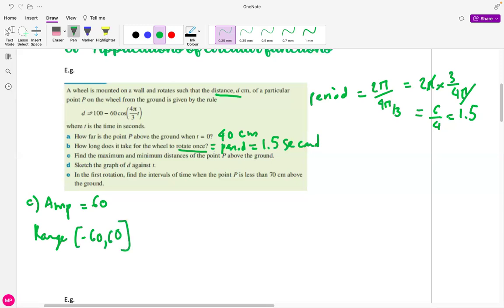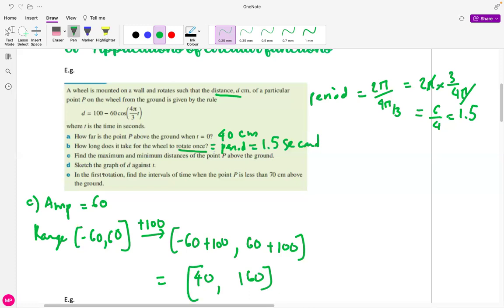And then we do consider a translation here, which is 100 meter up. So we're going to plus 100 here. So our final range will be negative 60 plus 100 and 60 plus 100. Negative 60 plus 100 is 40. 60 plus 100 is 160. So the maximum that we have will be 160 and the minimum distance is 40.